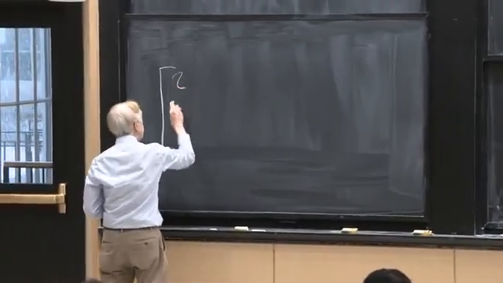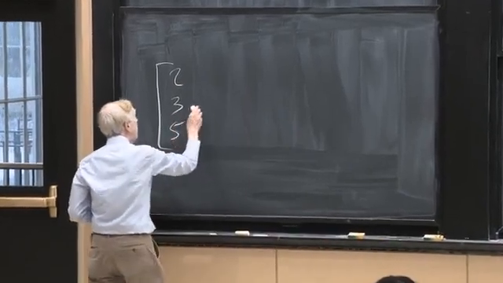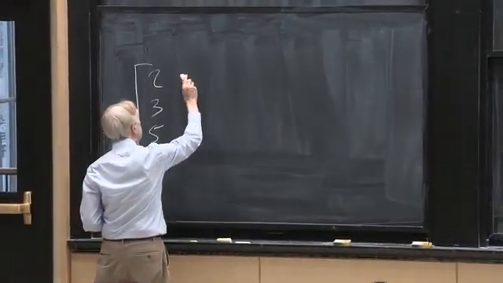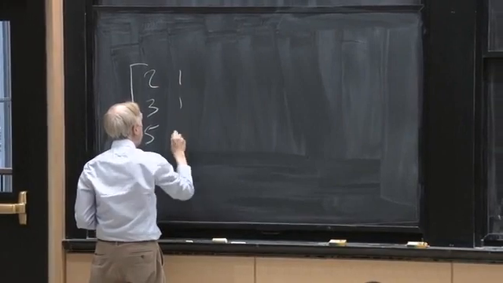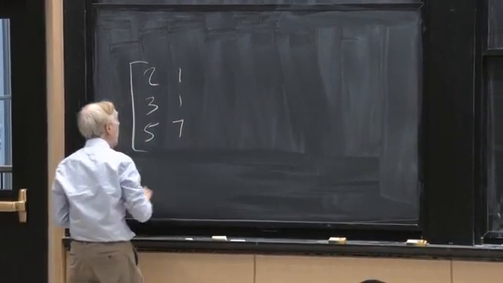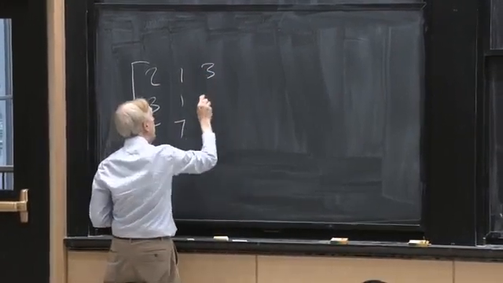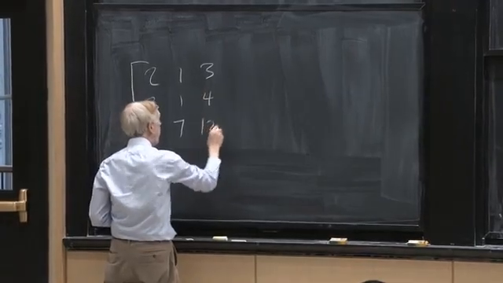So let me take a matrix, say 2, 3, 5, 1, 1, 7, and 3, 4, 12.